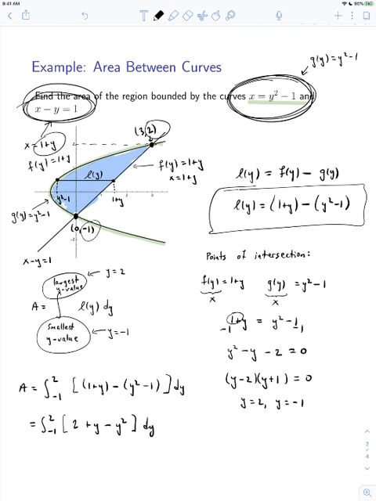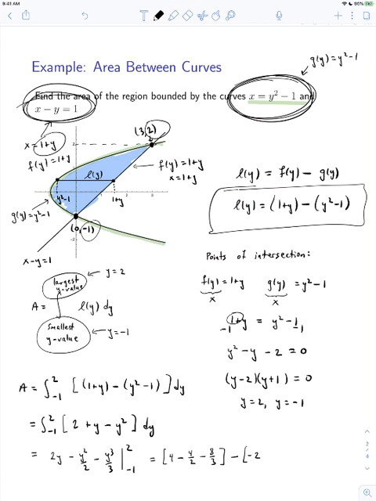All of these can be computed using the power rule. So this is 2y plus y squared over 2 minus y cubed over 3 between minus 1 and 2. At the upper limit, you have 2 times 2 is 4, plus 2 squared, which is 4 over 2, which of course is 2, minus 2 cubed, which is 8 over 3, minus, and now we plug in the lower limit, which is a negative 1.